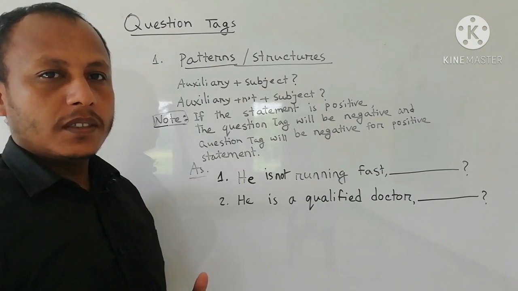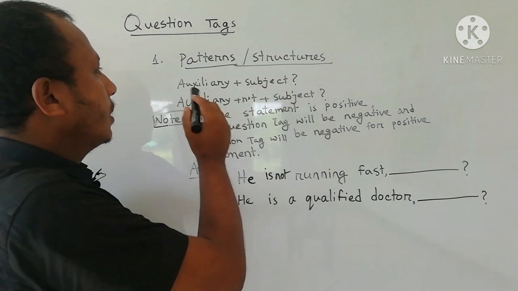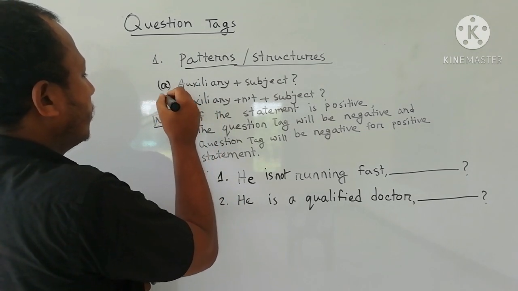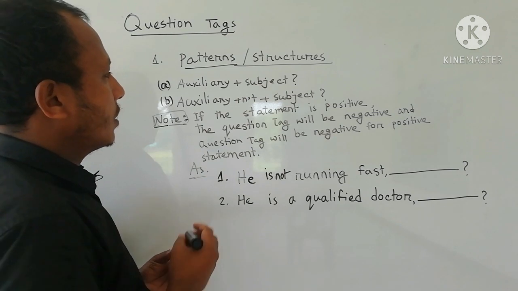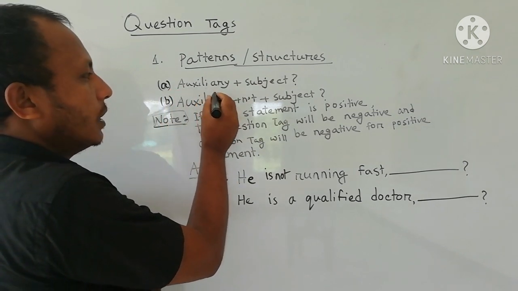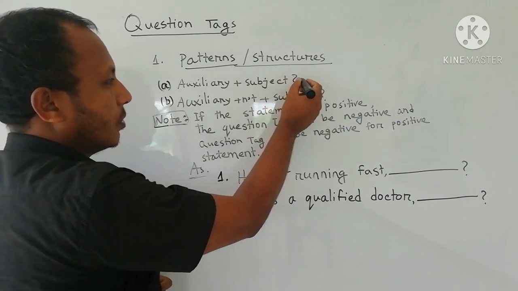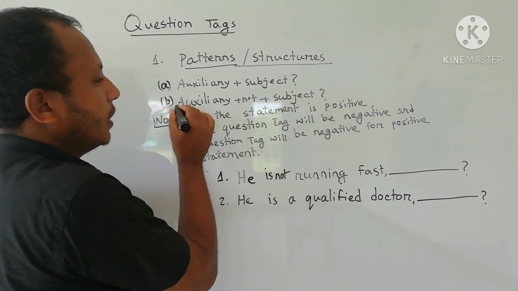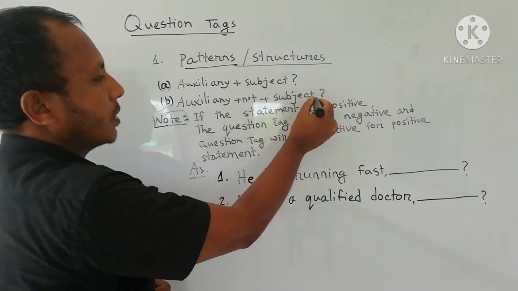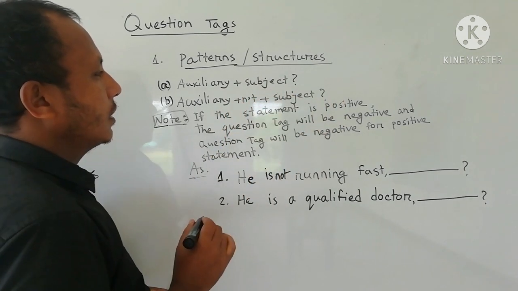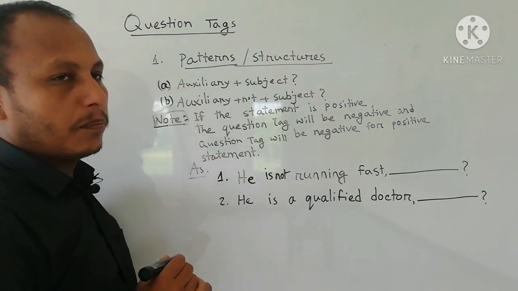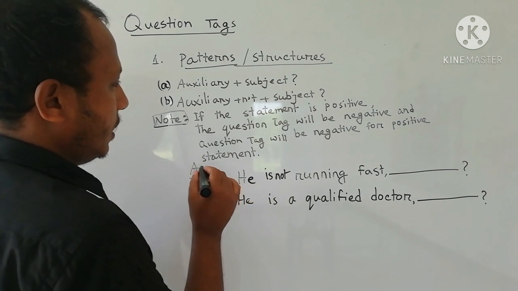Dear my students, here we can see 2 patterns, number A and number B, patterns and structures for question tags. Number A, auxiliary plus subject plus question mark. Number B, auxiliary plus contracted form of not plus subject plus question mark. These 2 patterns will be applied for making question tags.